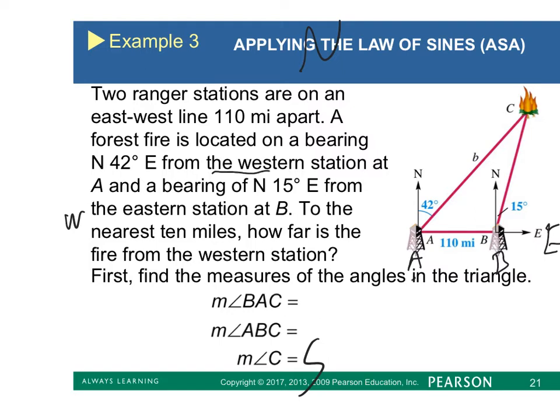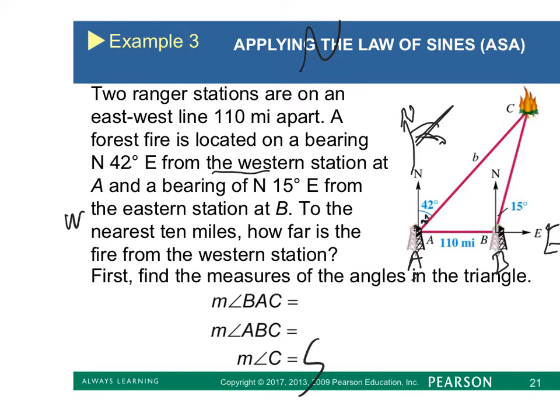So here's the western station. We go our bearing straight up north, and then north 42 east, so you go east 42 degrees from the bearing of north, which is why you have that angle. Doesn't matter how high you go, it's still the same angle, 42 degrees.